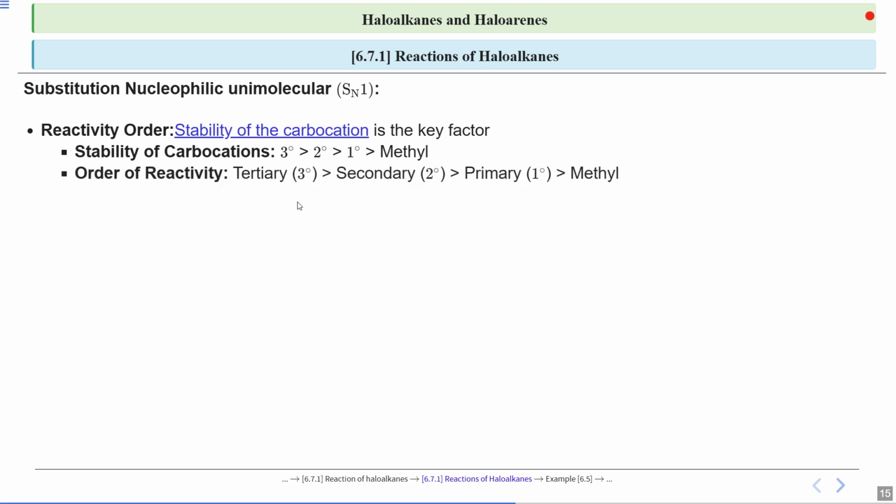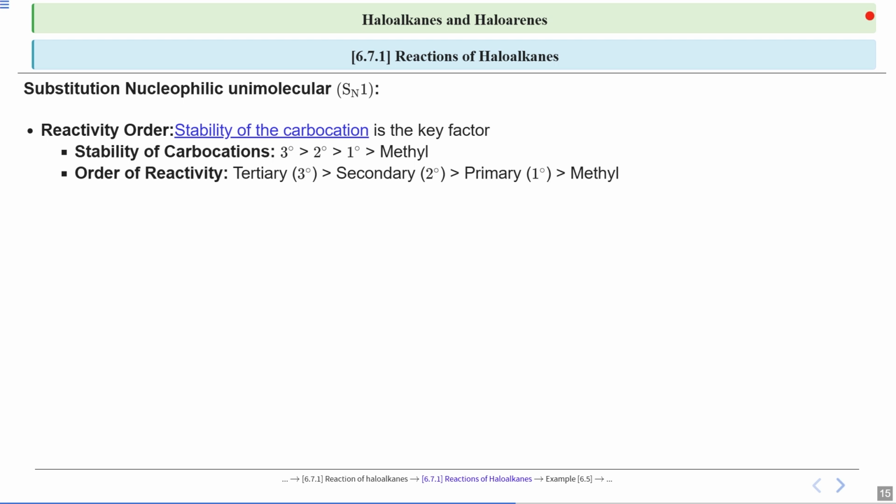The order of reactivity will be similar: the tertiary halide will have the highest reactivity, then secondary, then primary, and then the methyl group. The order of reactivity is similar to the order of stability of carbocations, because the first step of this substitution nucleophilic unimolecular reaction involves the formation of a carbocation.